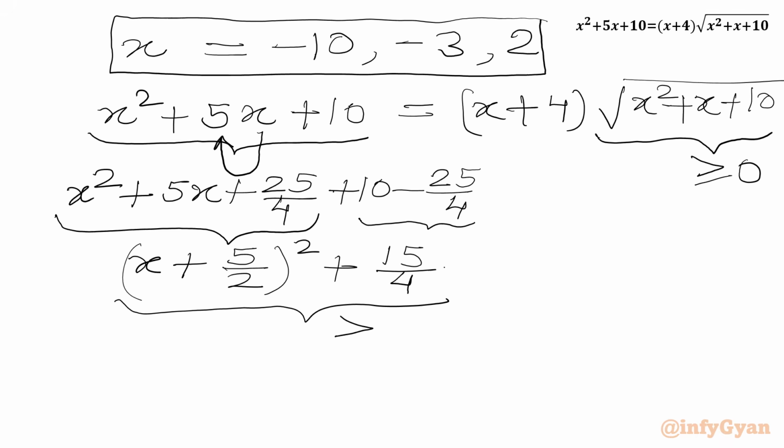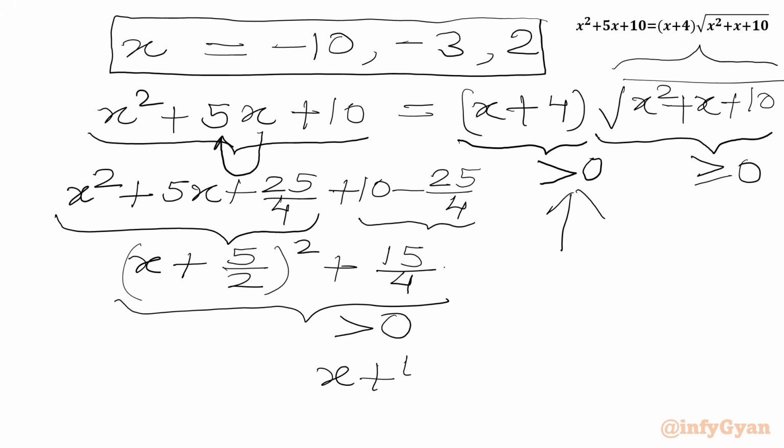LHS is always greater than 0. RHS, we have this square root term greater than or equal to 0. So x plus 4 must be greater than 0. x plus 4 cannot be less than 0 or negative, because positive times positive becomes positive. So I will write one condition on x here: x plus 4 must be positive.